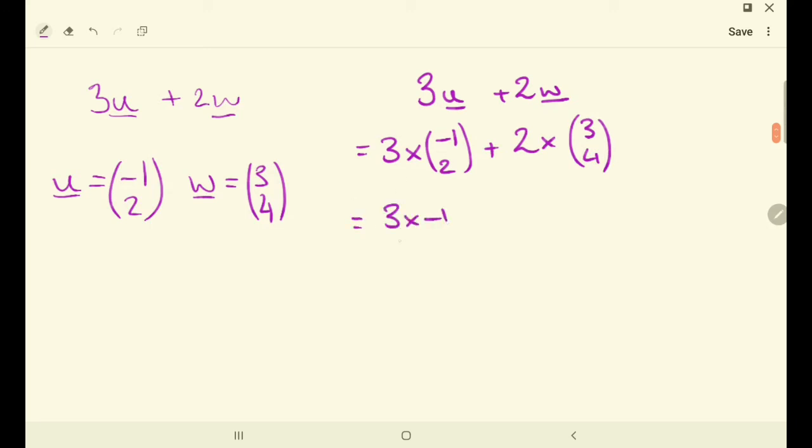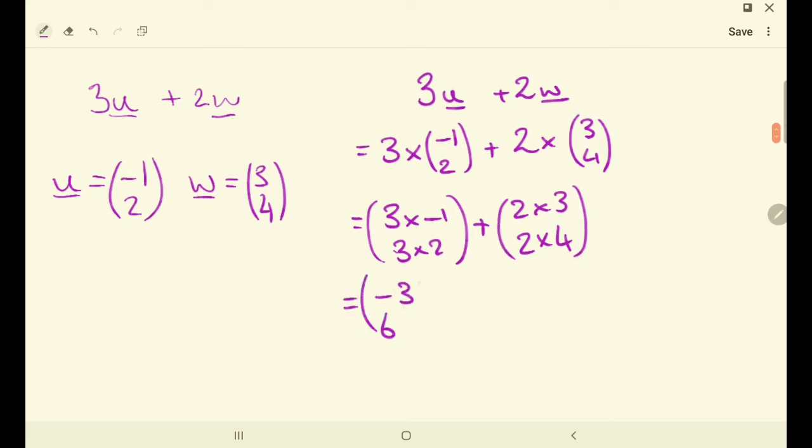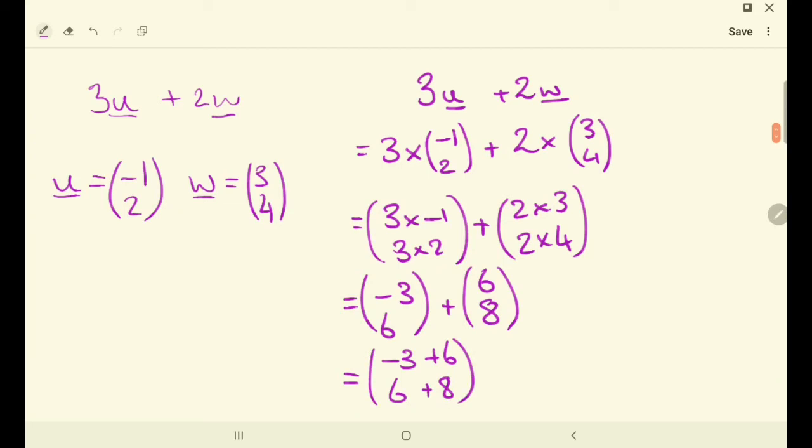In the brackets, simplified. And then we've reached this point, we've dealt with all that multiplication. We've got to consider how we're going to add them together. What we've got to do is -3 plus 6, 6 plus 8. I'm just going to do it at the side here. We're going to end up with (3, 14) as our final vector.